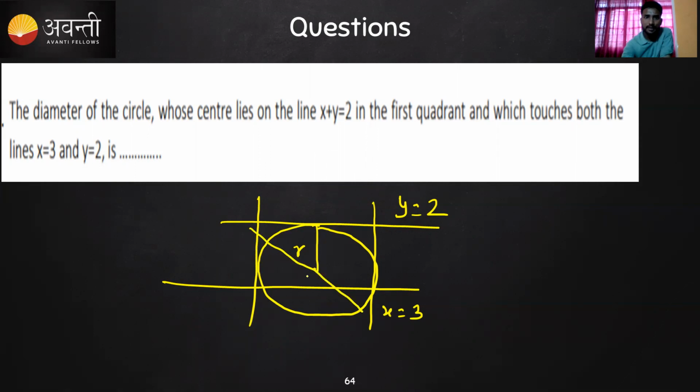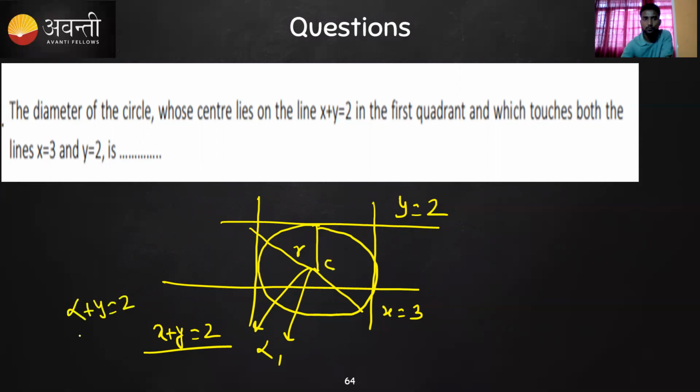So this point is lying on x plus y is equal to 2. Suppose I take the x point as alpha, then the second point, if it is C, will be: alpha plus y is equal to 2, so y will be 2 minus alpha. It means the center is basically alpha and 2 minus alpha.